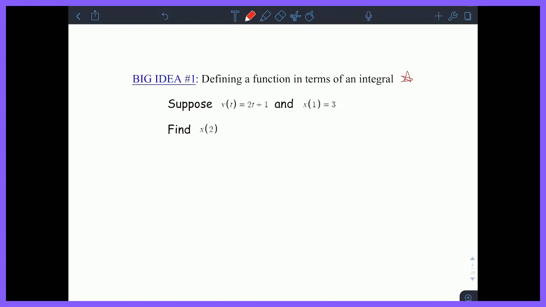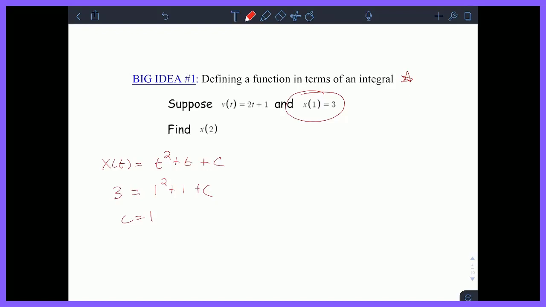Well, in order to do this, back in the day, what you would have done is build position using anti-differentiation. The antiderivative of 2t plus 1 would be t squared plus t, and then plus c, of course, because we don't know what the constant is. Then we would use the initial condition: 3 is equal to the position, 1 is equal to the time, and we would say that c is 1.